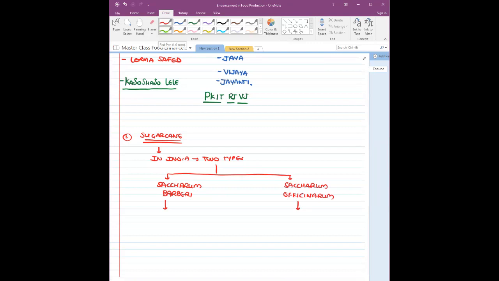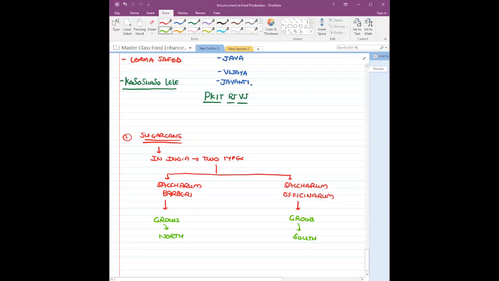Saccharum barberi is the one which is generally grown or cultivated in the north, whereas Saccharum officinarum is the one which grows especially in the south.